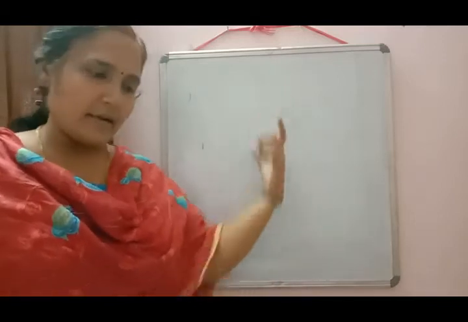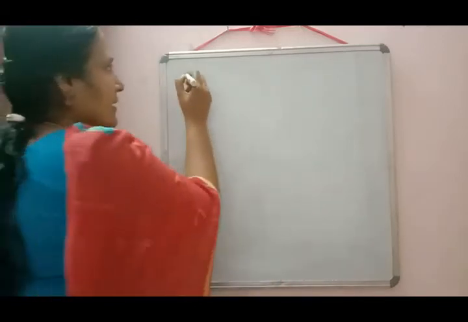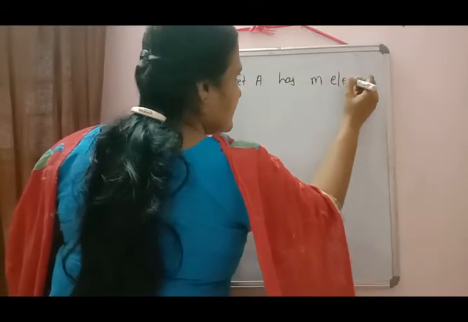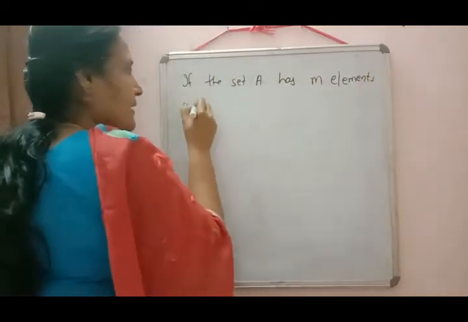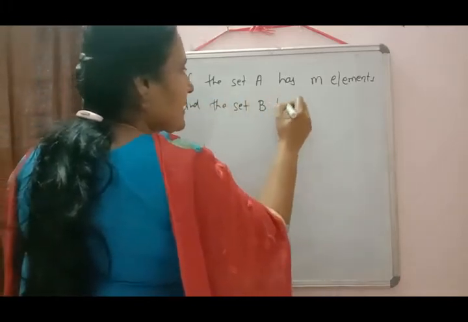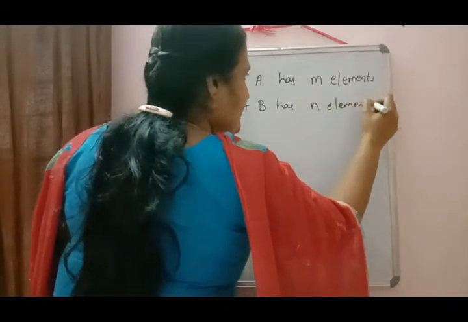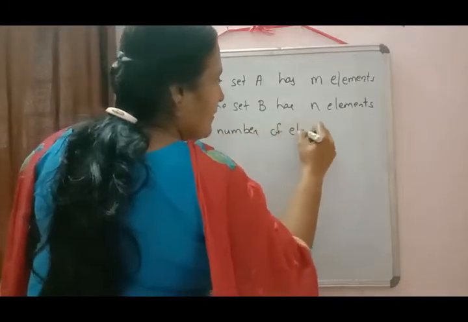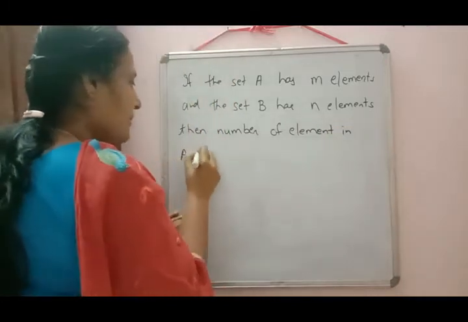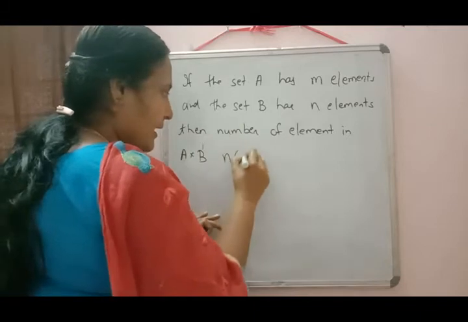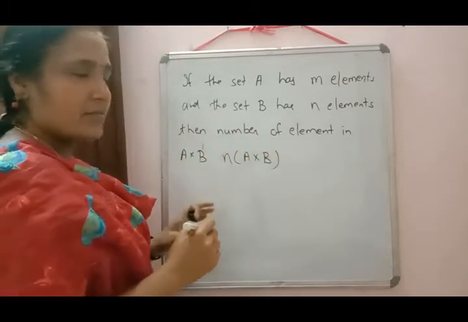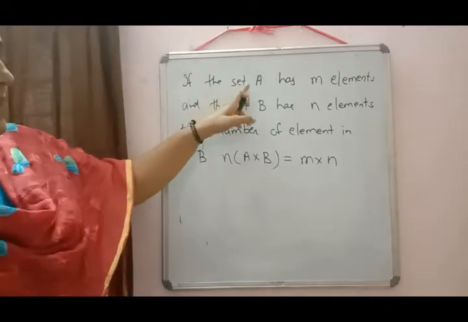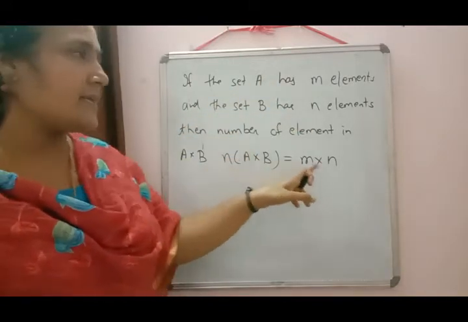In continuation, write down: if the set A has m elements and the set B has n elements, then the number of elements in A cross B, sometimes denoted by the symbol n of A cross B, which we wrote in sets also, is equal to m into n, where the first set has m elements and the second set has n elements.